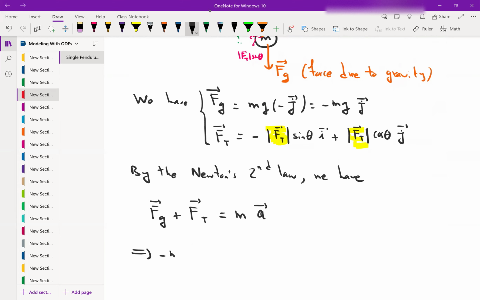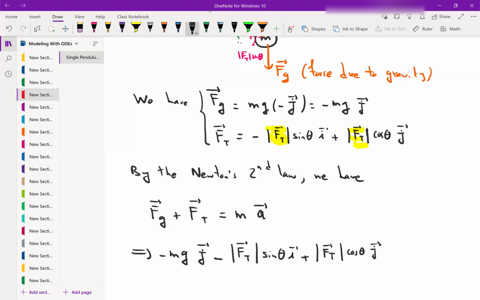Fg is negative mg j, j the unit vector in the positive y direction. Ft, which we just figured out, is negative the magnitude of Ft, which at this point is unknown, times sine theta i plus the magnitude of Ft. I'm using these vertical bars. When I put a vector inside vertical bars, that means the magnitude of that vector. Cosine theta j. So far so good.